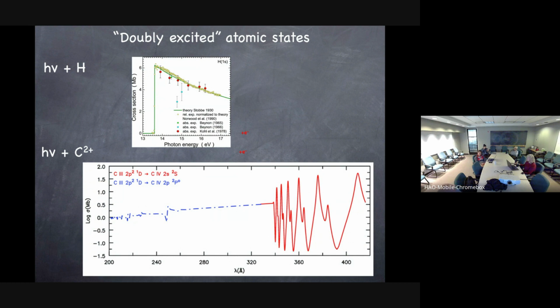Cross-sections are nothing more than the probability of making a state from a bound state of hydrogen. You have your operator, which in this case is an electric dipole operator, and then you have your final state. Those are the two wave functions. You square that, and you get a cross-section, and that's what's shown there.